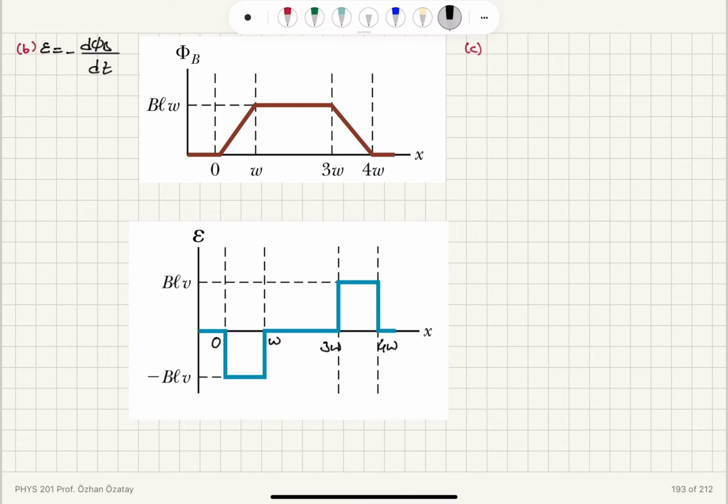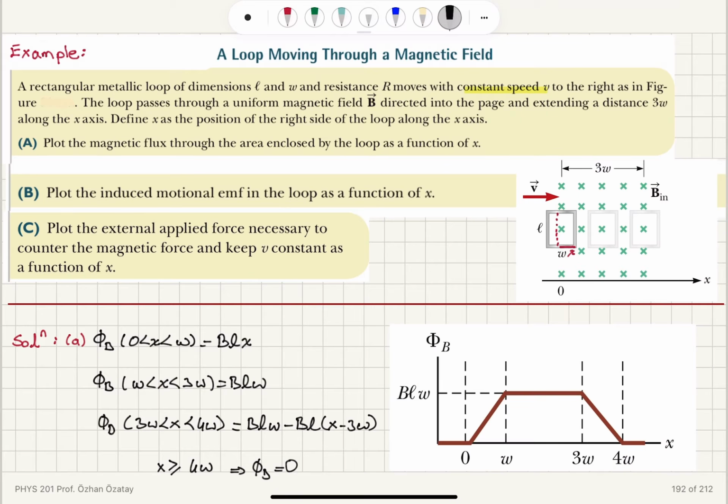So here we have epsilon equals 0, and here we have epsilon equals minus BL dx dt, so that is minus the derivative of this.